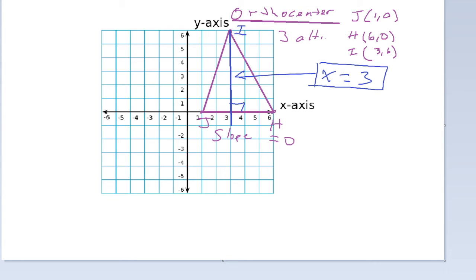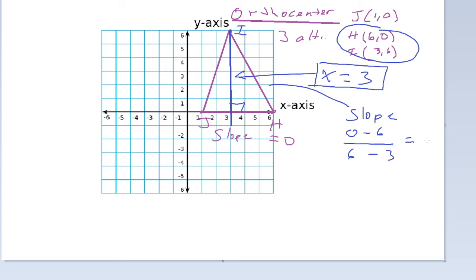Let's do IH. And so to find IH, I have to find the slope. Slope of IH. Remember, it's y minus y over x minus x. And so that gives me negative 6 over 2, and I get negative 3.